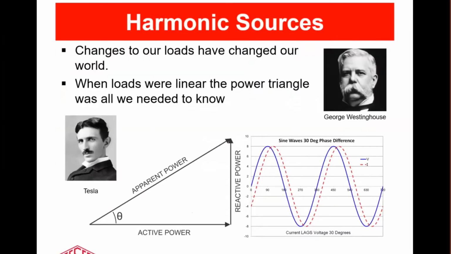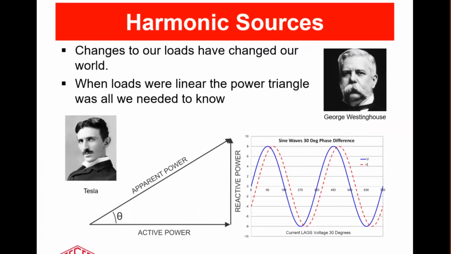Westinghouse and Edison had this big battle over whether AC or DC was the right way to go. At the time, Westinghouse, with the help of Tesla, won that battle because it was easier to transmit power at high voltage and low current, and you had less losses.